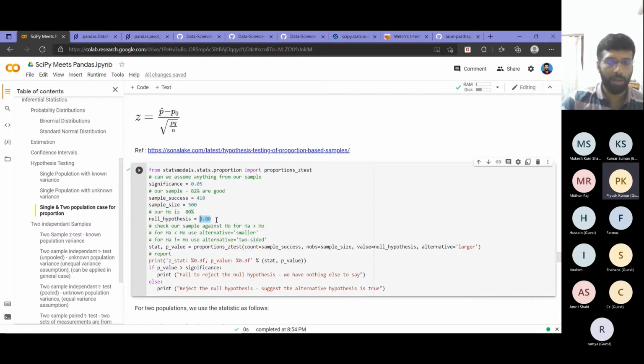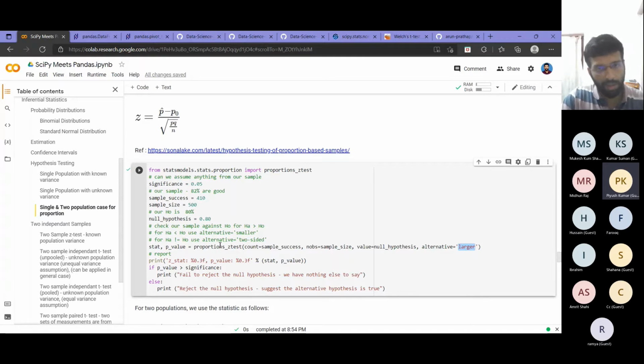We are trying to find out whether our proportion, where 82% samples are good, belongs to this population or not. So the sample success is 410, total sample size 500, the null hypothesis is that the population proportion is 0.8, and the alternative is that it is larger. So my null hypothesis is that it is less than or equal to 0.8.